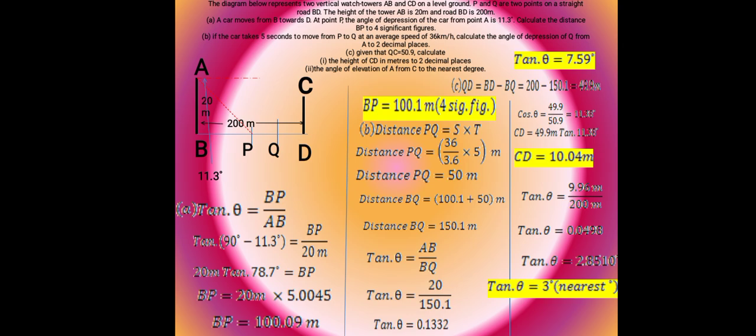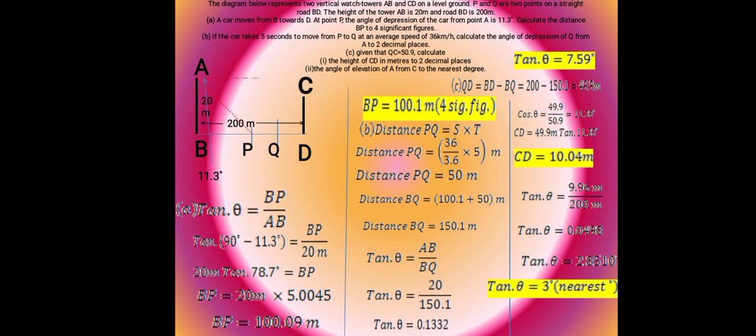Using the cosine rule, we have the adjacent side over the hypotenuse. So the adjacent side we have found as 49.9 meters. The hypotenuse for that relevant distance is 50.9. So we get our cos theta, and theta is 11.38 degrees.